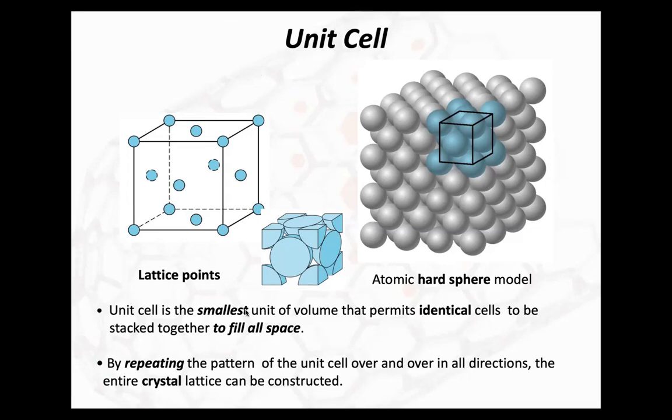So this repeating pattern or the unit cell goes redundantly over and over in all directions, right? So using that, you can construct the entire crystal lattice, right? So it's a kind of building block, okay? It's a building block of repeating units, actually, right? It's a building block of a crystal. So you can easily construct the crystal using this unit cell.